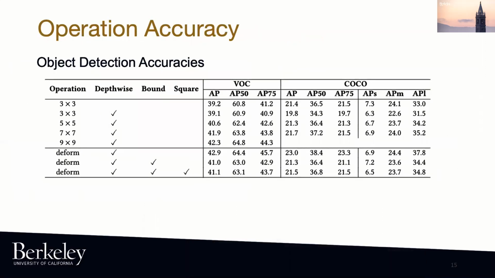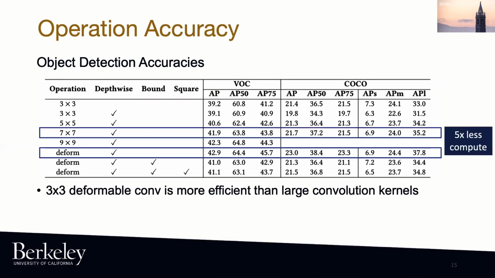Here we show an application study for the impact of co-design deformable convolution on accuracy of object detection. We first showed that the original 3x3 deformable convolution is more efficient than large convolution kernel that achieves comparable accuracy.